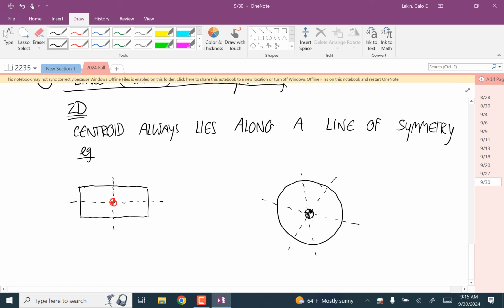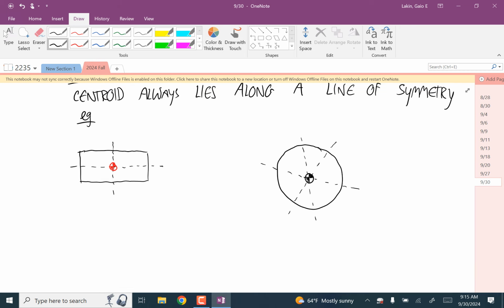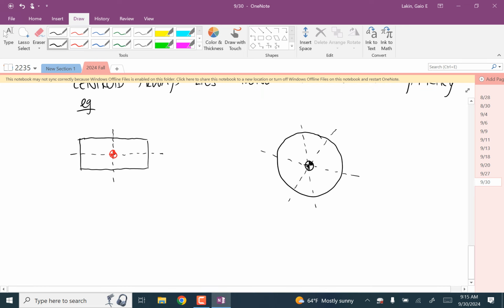Okay. So if you know two lines of symmetry, the intersection has to be the centroid.